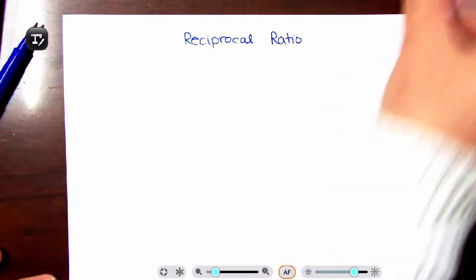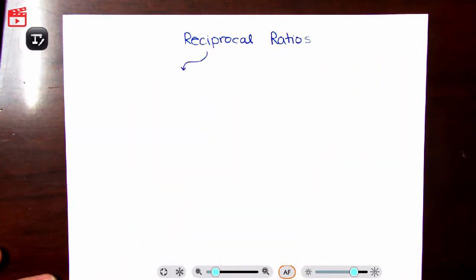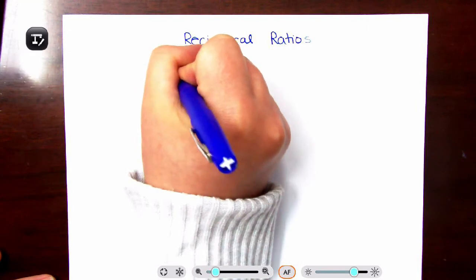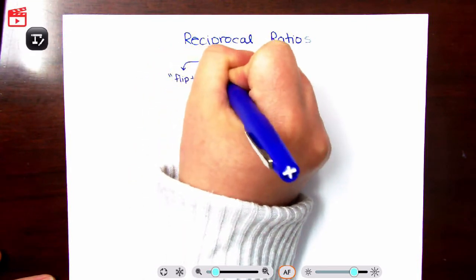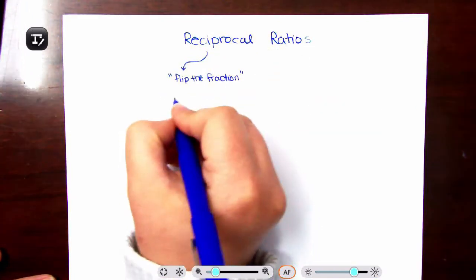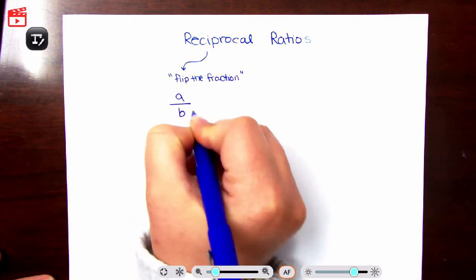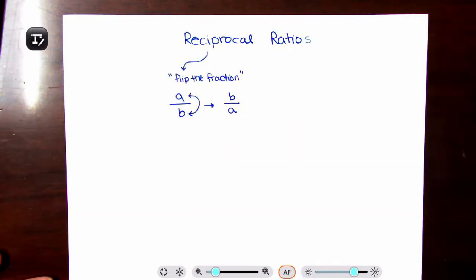There should be an S. Now, reciprocal means you flip the fraction. So when you flip the fraction, you take the bottom and the top and you replace them with each other. So your denominator becomes a numerator, your numerator becomes a denominator.